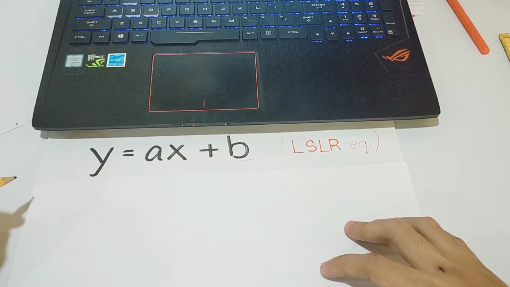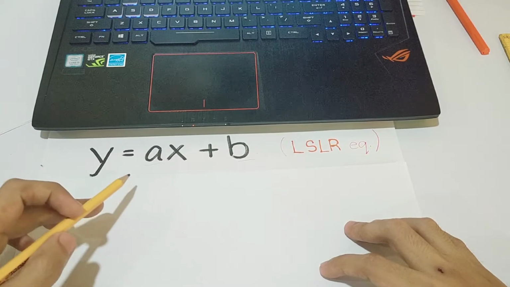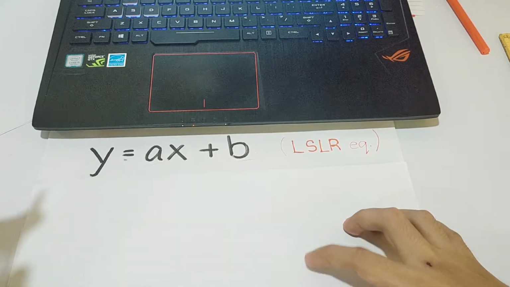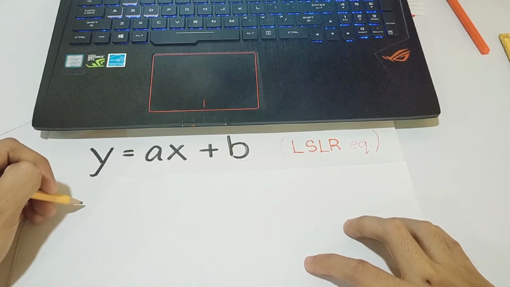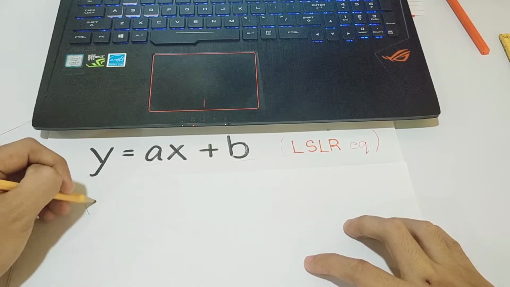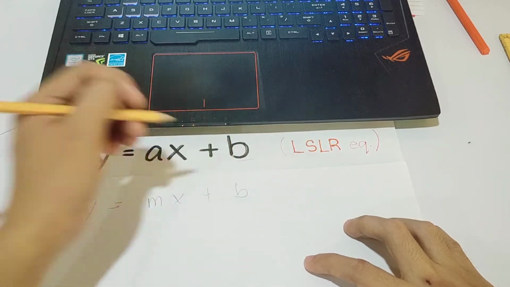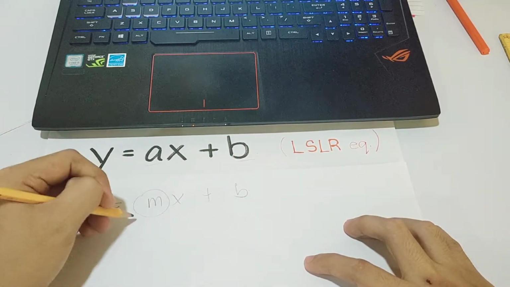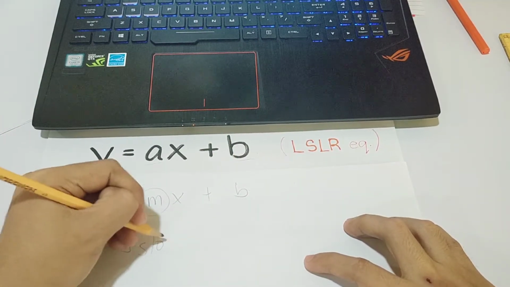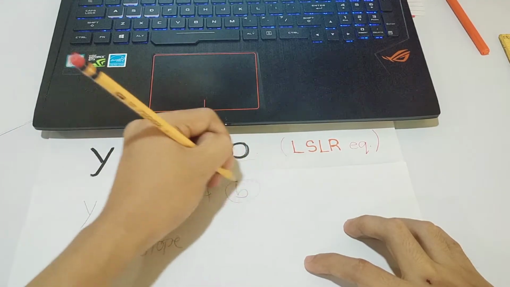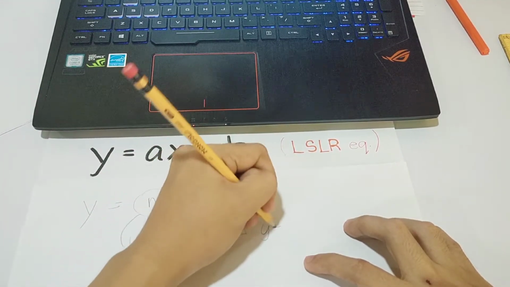I think some of us may be familiar with this equation, since this is very similar to the general equation of a line, which is y equals mx plus b. Here we have m as the slope. We also have b, which is the y-intercept.